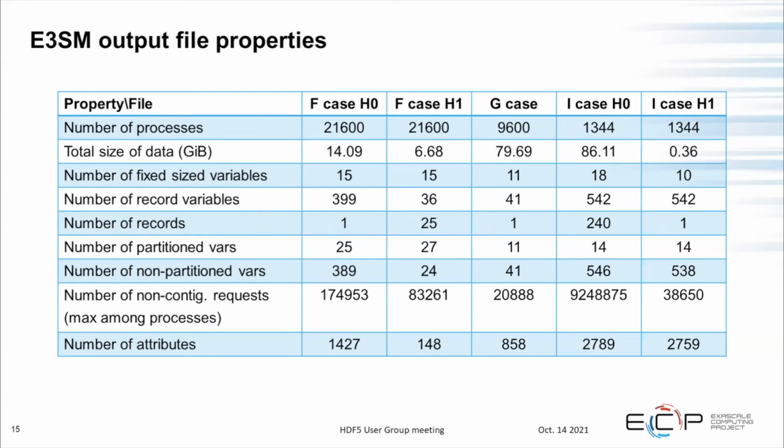But if you see all the other cases or datasets, they either have a large number of variables or a large number of records, but none of them have both at once. Okay. And how many files are you creating at the end? Is it still one file in the log-structured format, or are you creating multiple small files?